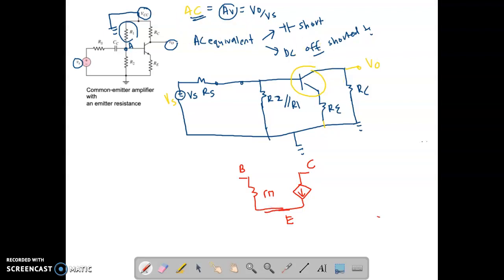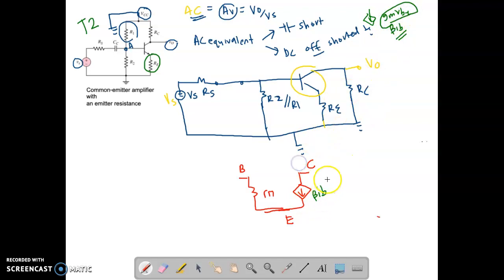Okay, recall that in your hybrid pi model, you have two options. Either you make your current source gm VBE, like type 1, or you can make it beta IB. So please take note, this is type 2, with your RE. So please use beta IB. Can I use gm VBE?